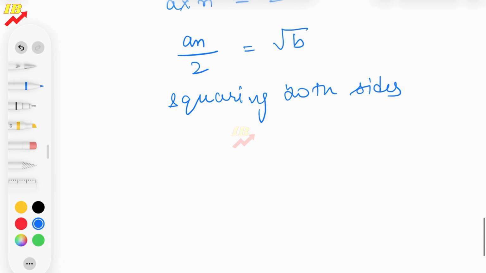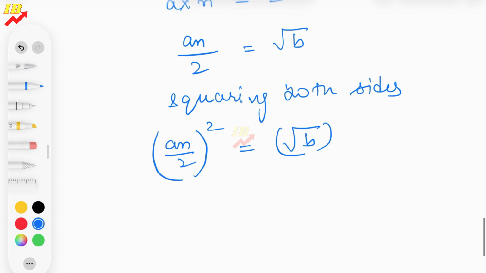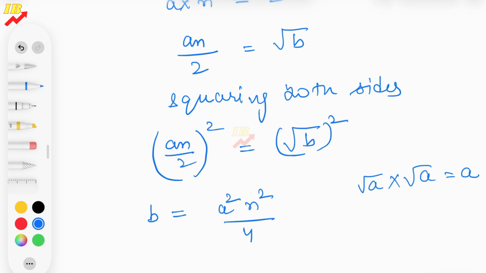So if you do the square of both sides like this, this square root actually becomes a whole number, because earlier also I told you people that root a times root a will give you a whole number, right? So that's the same identity we are following here. So b is coming out to be a square n square over 4.